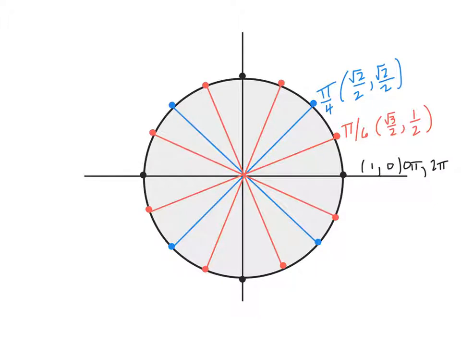Let's think about 3 pi over 4. 3 pi over 4 will have a negative first coordinate, or negative square root 2 over 2, and then positive square root 2 over 2. Remember, your ordered pairs are x, y, and you must remember where you have positive or negative values in the quadrant. At 5 pi over 4, both our x and our y would be negative.